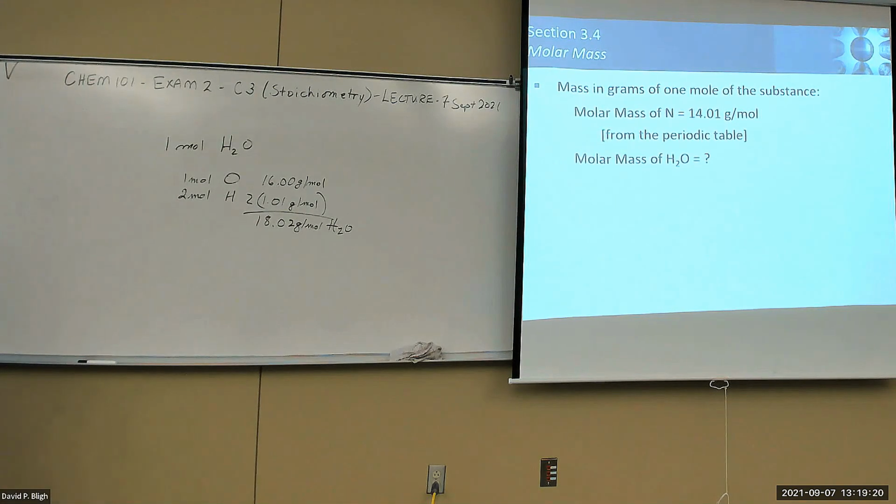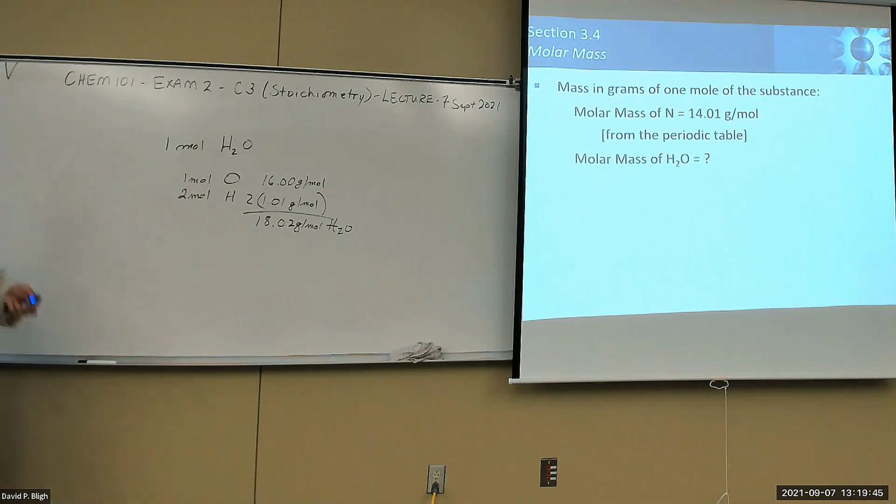If it's not a molecule, say it's table salt, right? Sodium chloride is not a molecule. It's a crystal lattice. But for the formula, NaCl is 1 sodium and 1 chlorine. Add them together, and that's the molar mass of NaCl. 1 of each.